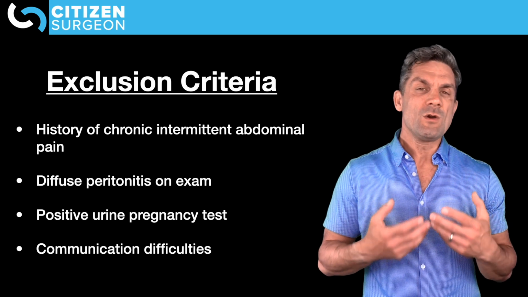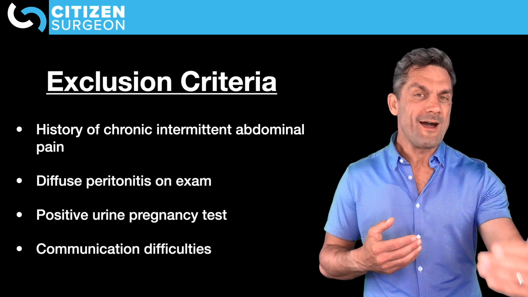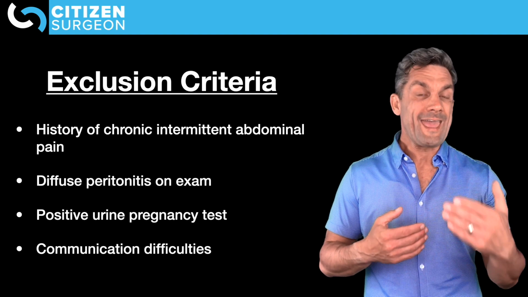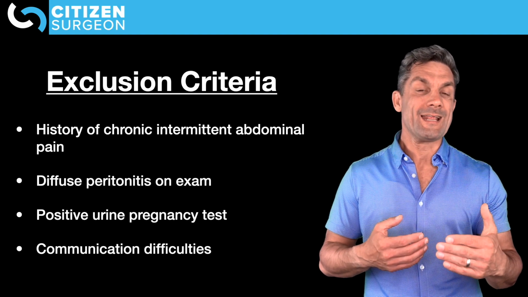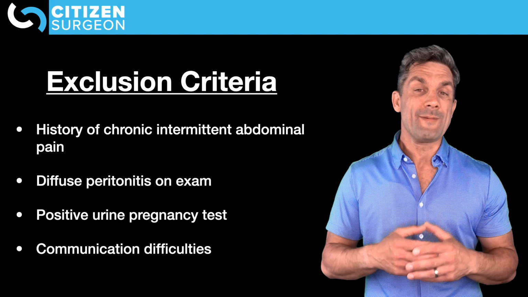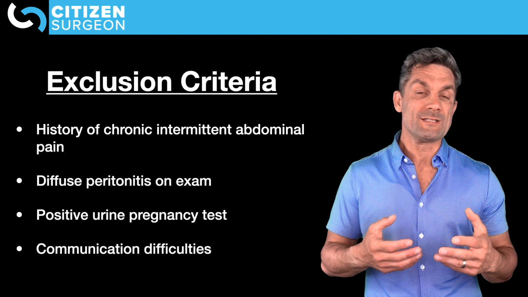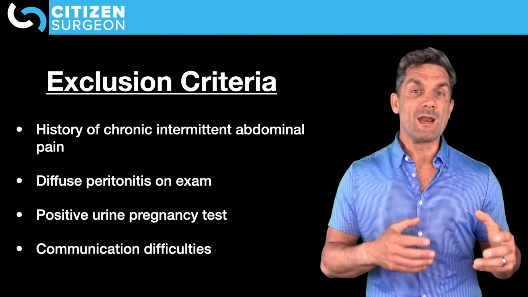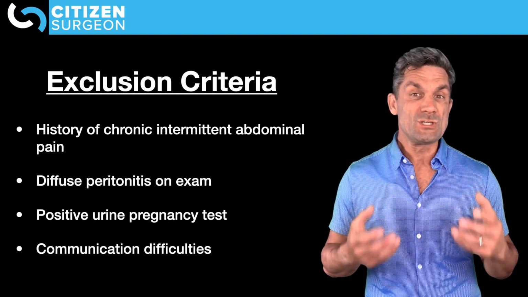In adults, we add in an age over 45 because in older adults, the risk of a cancer causing appendicitis is increased, so we want to take the appendix out because the risk of an underlying cancer is much higher than a younger population.